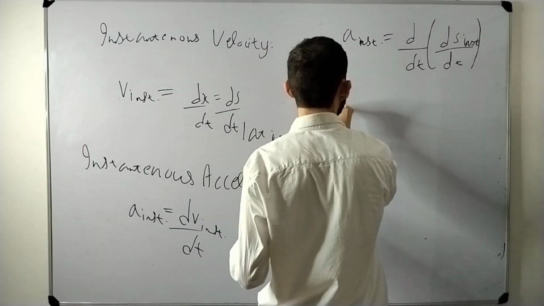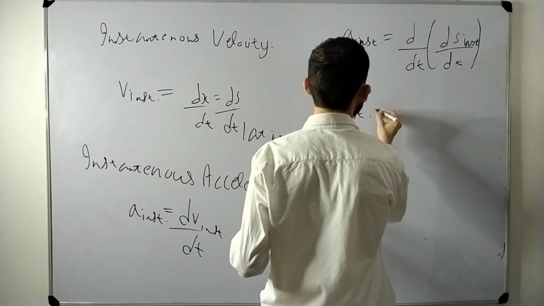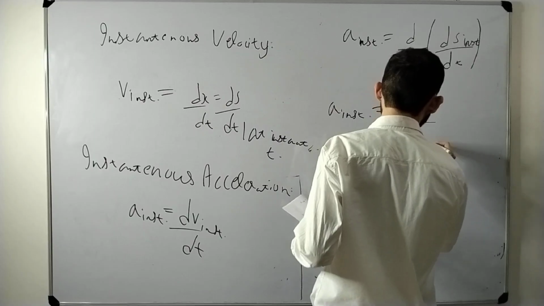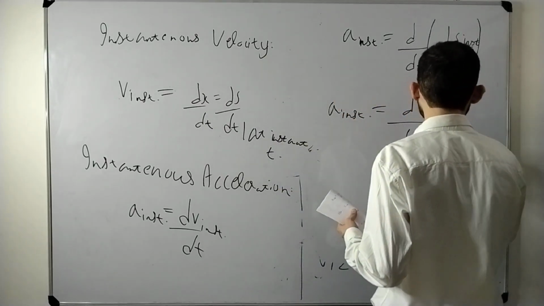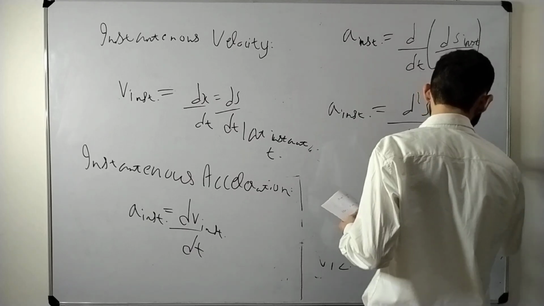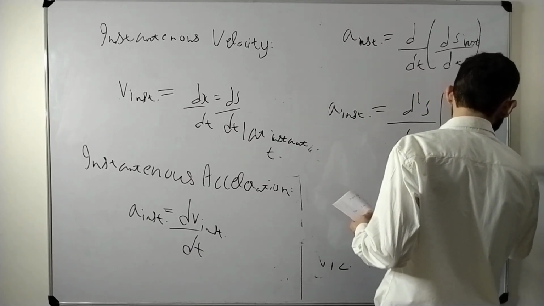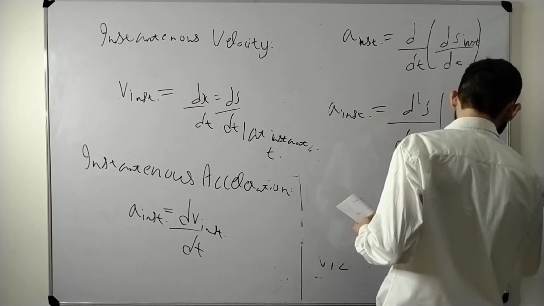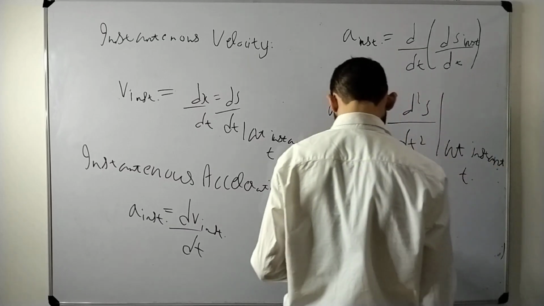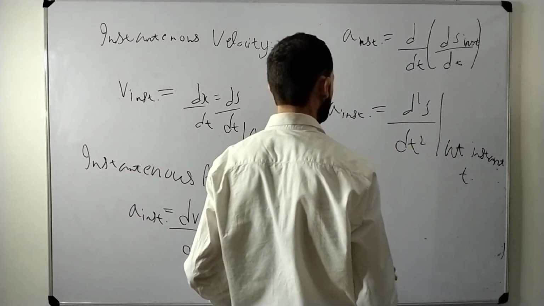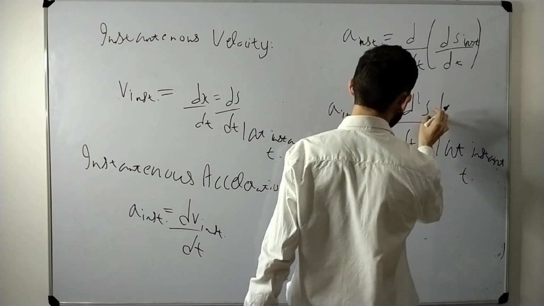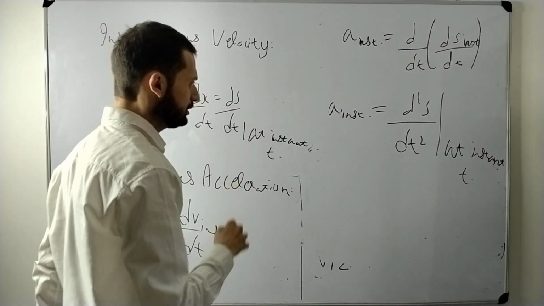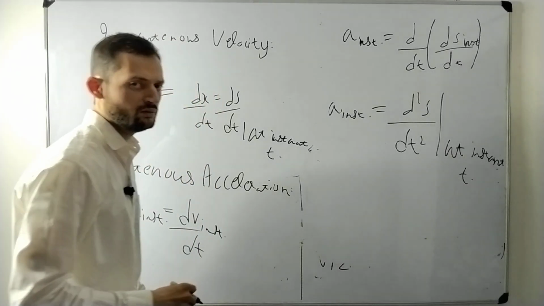Yes, instant acceleration happens to be d square s upon dt square at instant t. So acceleration is the double differentiation of displacement, and you get instantaneous acceleration. Okay. So I will stop here for now. Thank you.